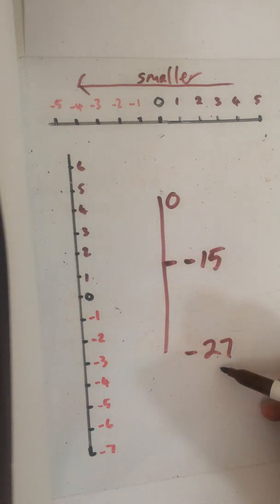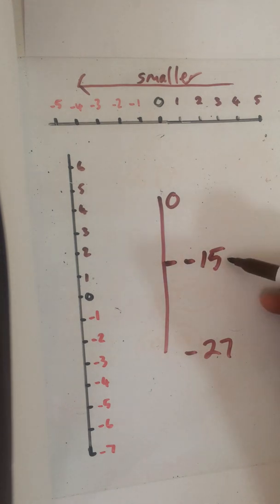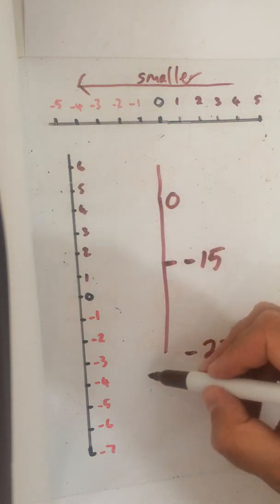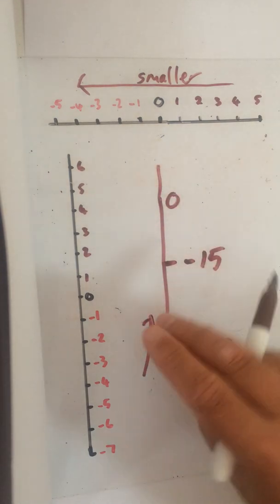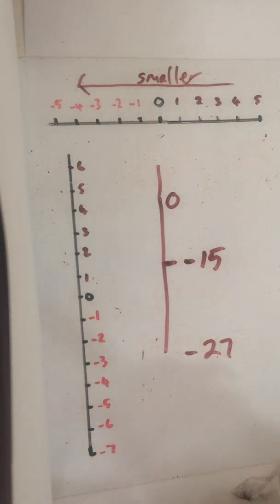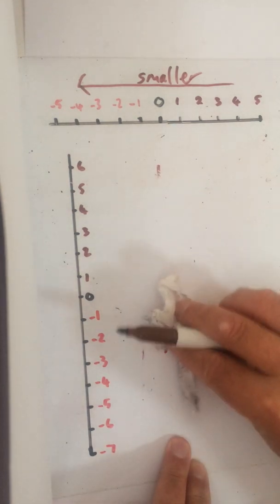From there I can see that this is the smallest number. This is the coldest temperature. This is where it gets warmer, and I go up here and it's getting bigger. So in this direction the numbers are getting bigger. So -27 is the smallest number of the two.